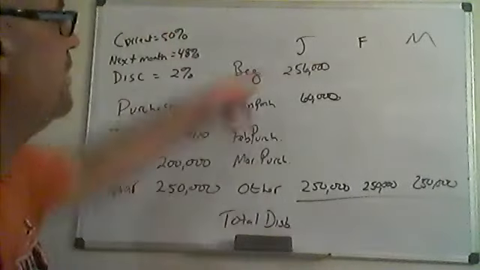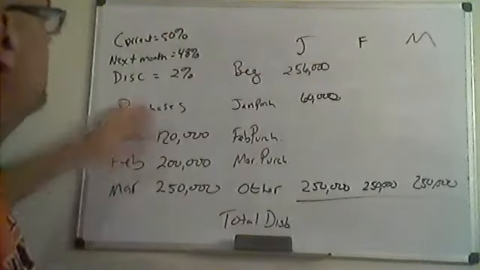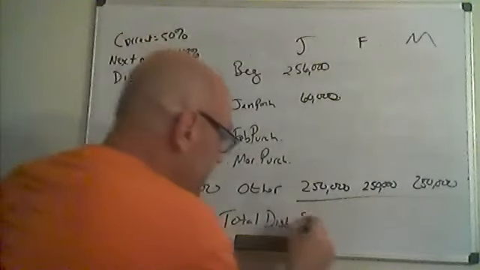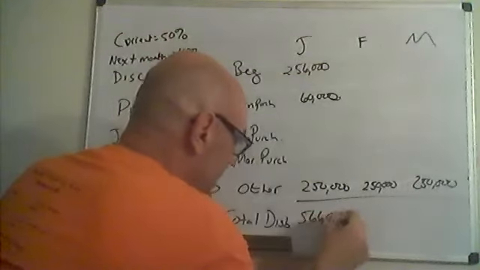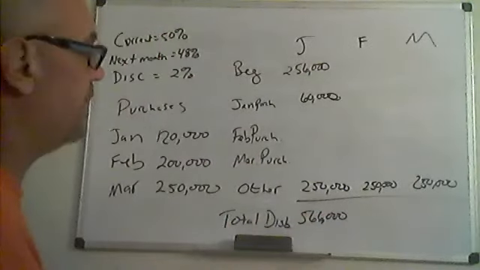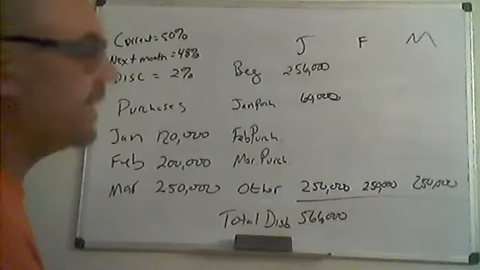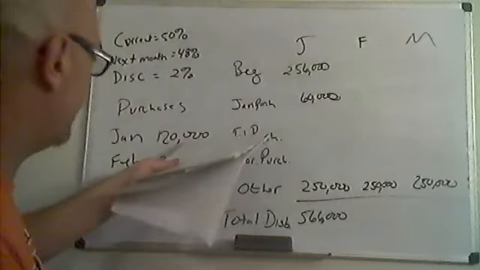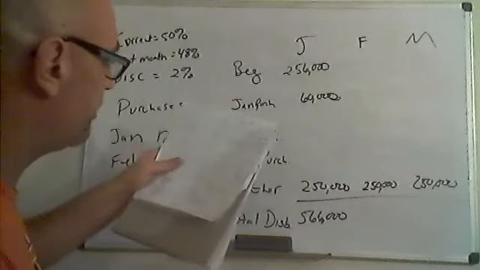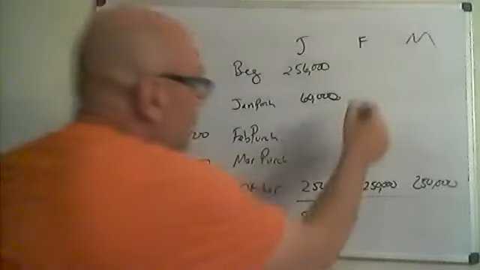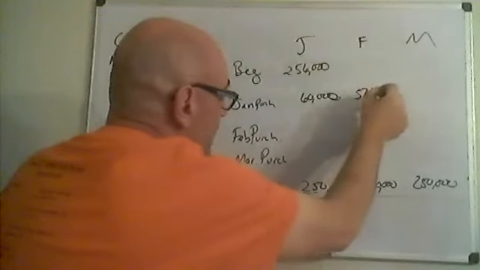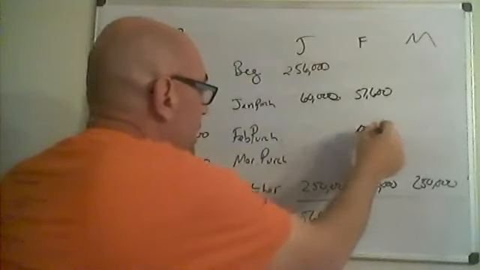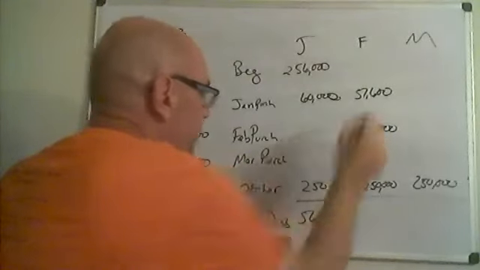So we have a beginning, which was given, January 120 at 50%. Add all those together. 566 is our total disbursements in January. When we get to February, we are now going to pay in the next month 48% of the 120,000, which comes out to 57,600, and we are going to pay 50% of February's purchases.